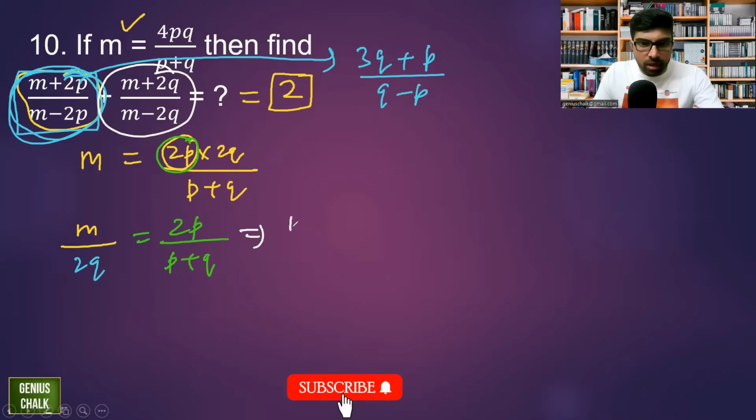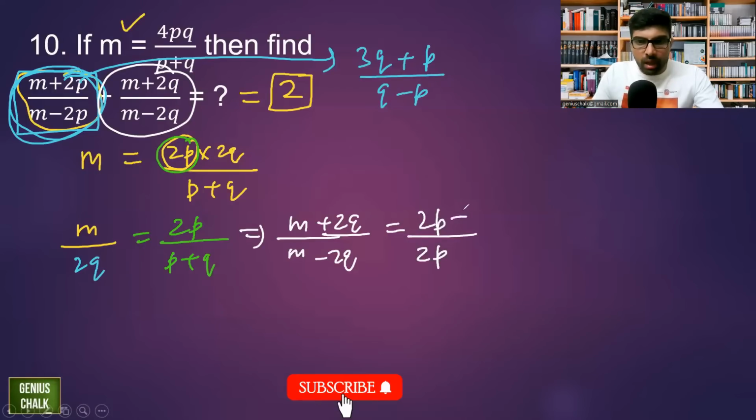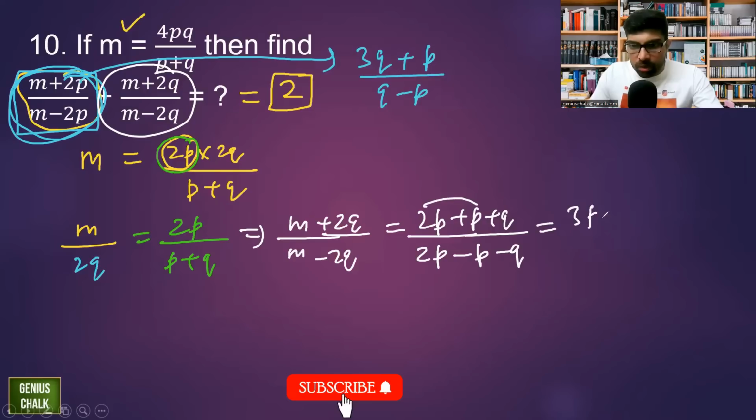I will get M plus 2Q by M minus 2Q, same thing, 2P by 2P here, and it is P plus Q, minus P minus Q. What you are getting is 3P plus Q upon P minus Q.